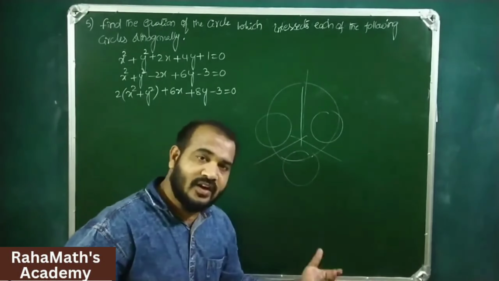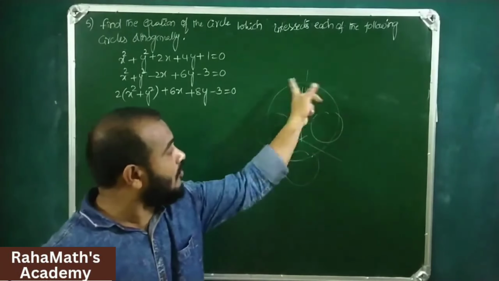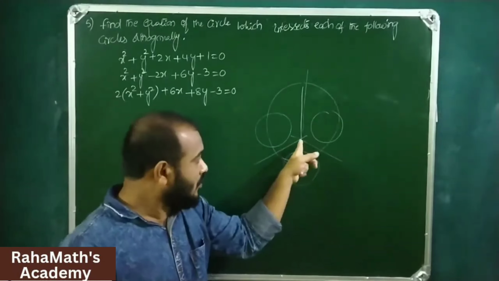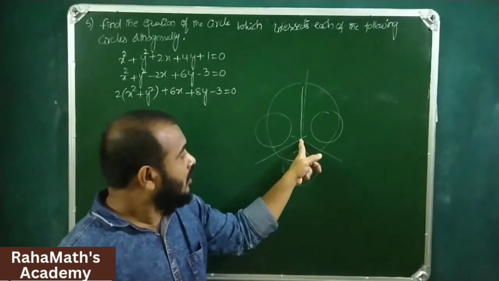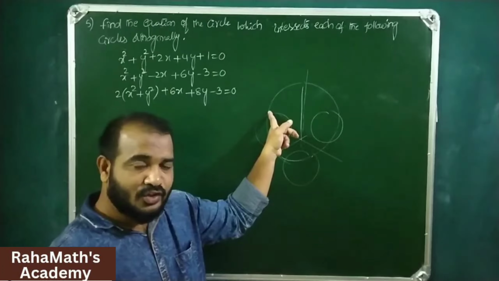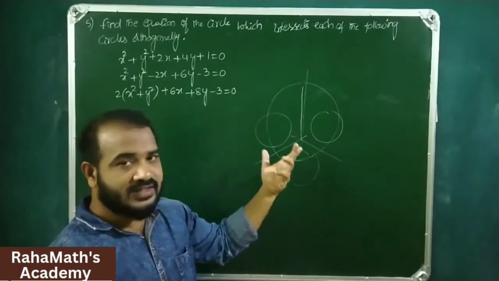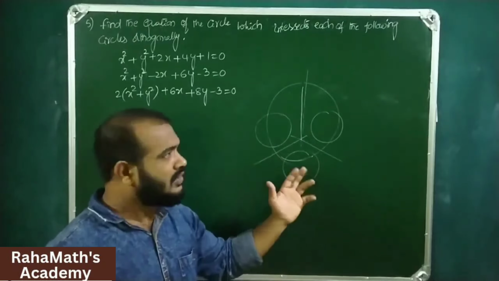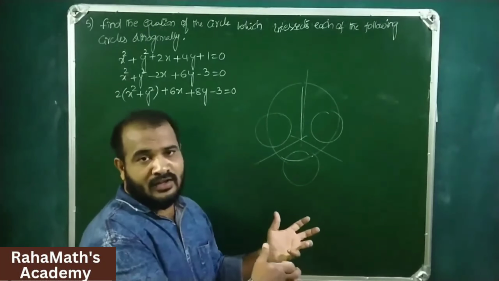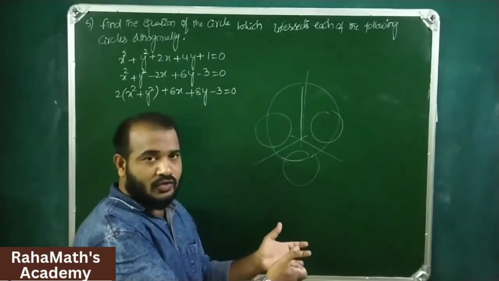If you solve, then also you will get the answer. This is the center of the required circle. From this to any circle, if you find the length of the tangent, you will be getting the radius. H comma k center I have, and radius, so you will get. This process we will discuss after a short while.